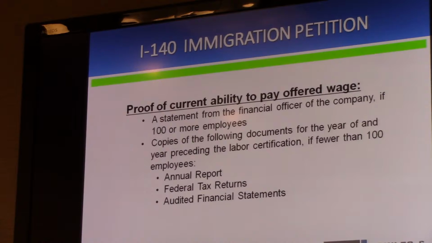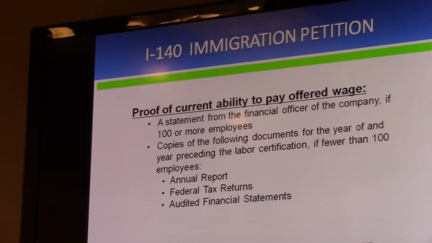Yes. Regarding the ability to pay, one thing we always advise clients, or we do even before we start the recruitment. This is one of those things we look at before we start the perm recruitment, is the financial information of the employer, because it really doesn't help anybody to go through a very extensive and time-consuming recruitment process and then get a labor certification approved and come to the point where we're ready to go to the Department of Immigration and find out that the company cannot prove they have the ability to pay the salary that was offered.